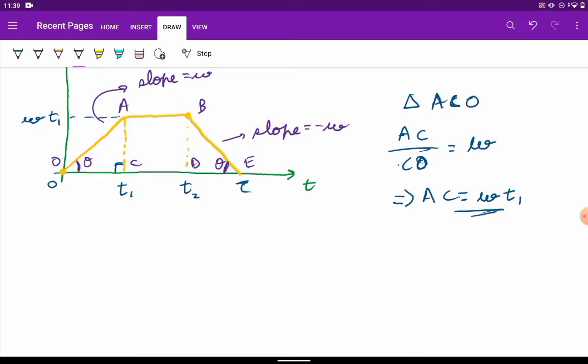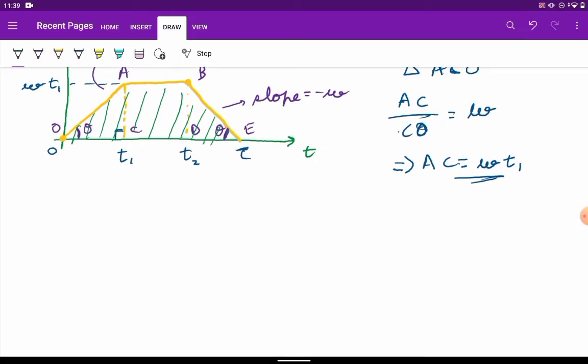And also we know that the area under the curve should give me the total displacement. Another way to write the displacement, let's say I call it S, is the average velocity into the total time taken, which is tau.